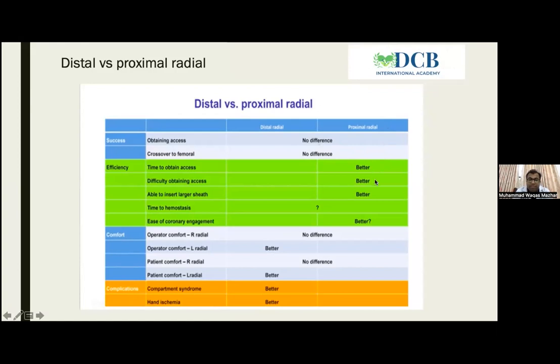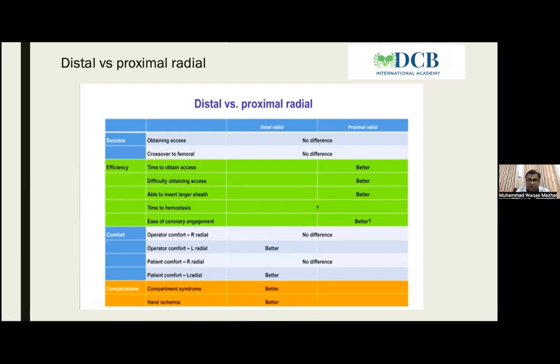Difficulty obtaining access, both are equivalent, but proximal is better than distal. Able to insert the larger sheath, again proximal radial is better. Time to hemostasis, there is no difference, and ease of coronary engagement from proximal radial access is better than distal radial access.